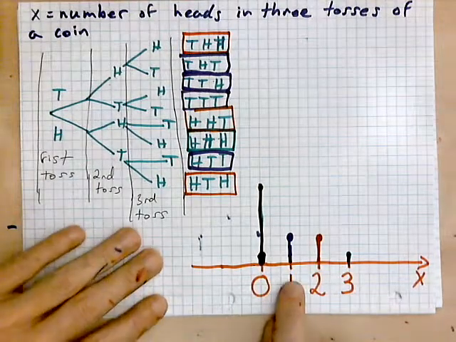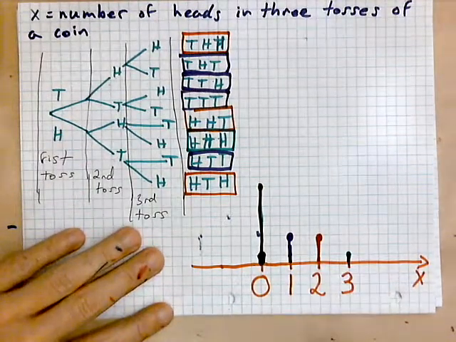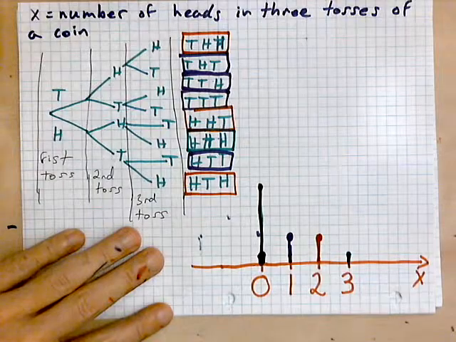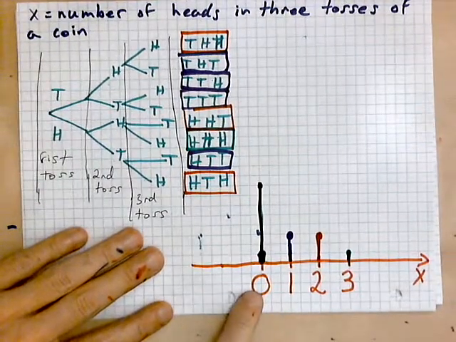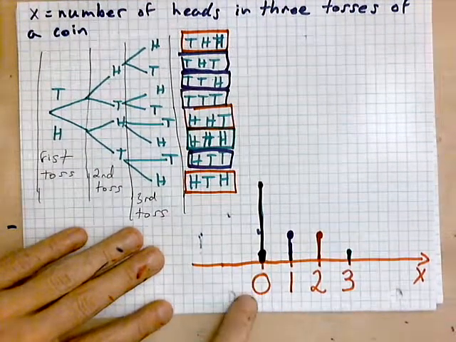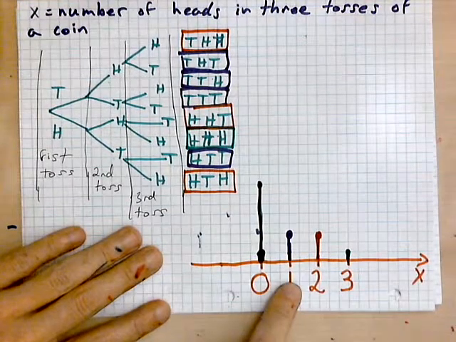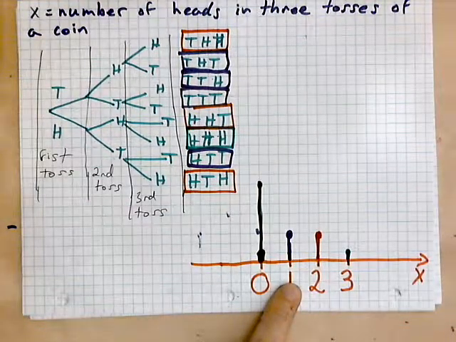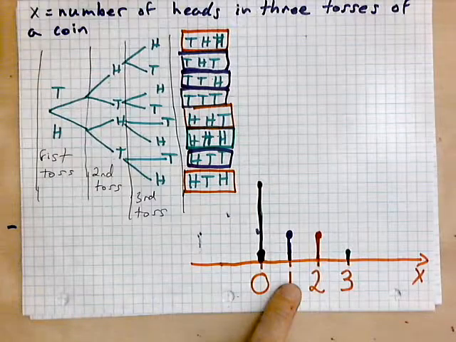This is our probability function. It tells us, for example, that the probability of getting 0 heads is 1 out of 8. The probability of getting 1 head in 3 tosses of a coin is 3 out of 8.